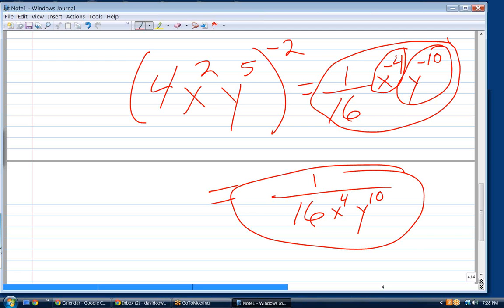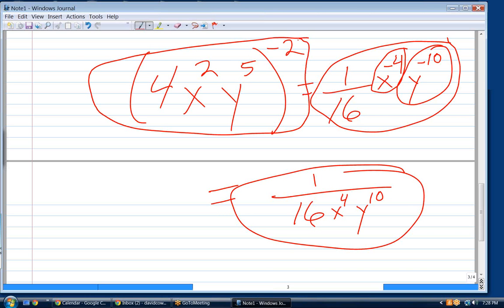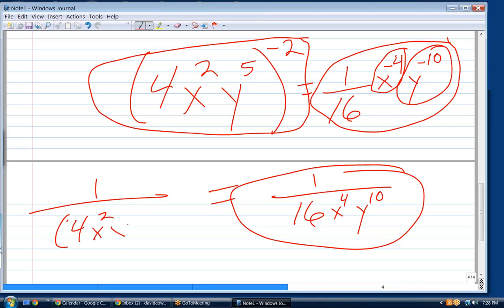Now, notice I could have gotten to this answer by merely applying that reciprocal rule immediately. In other words, I could have rewritten this as 1 over quantity 4x squared y to the 5th all squared. It's very important that you understand that that's equal to that.